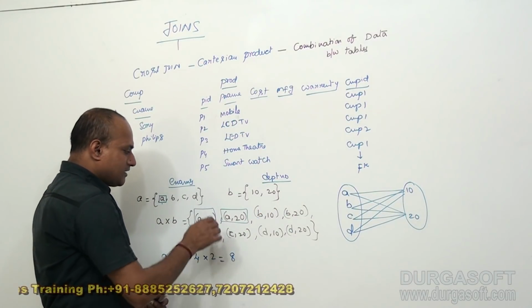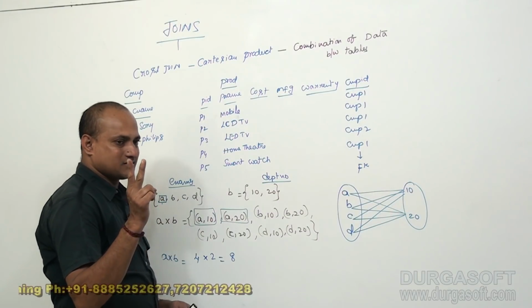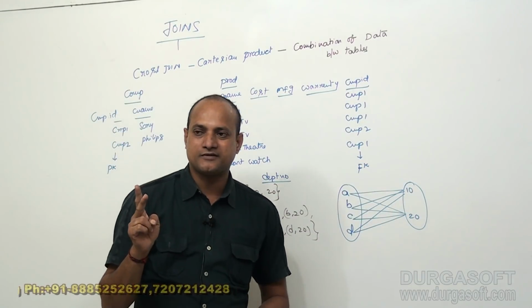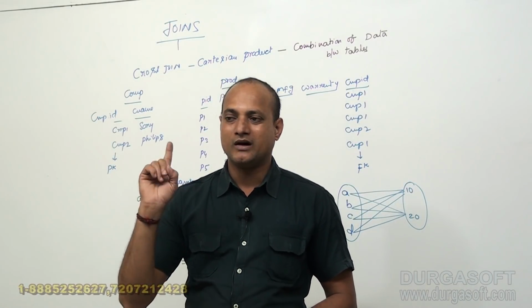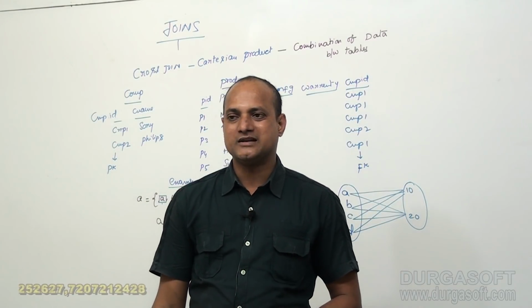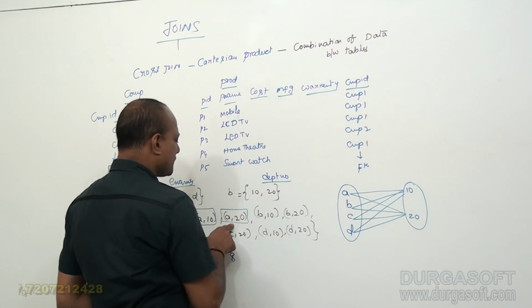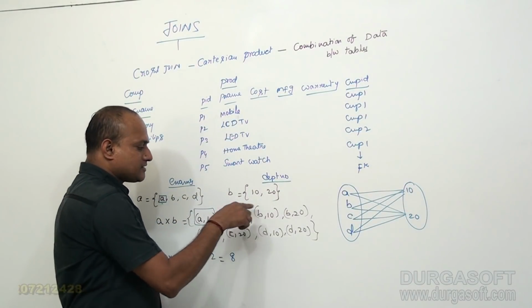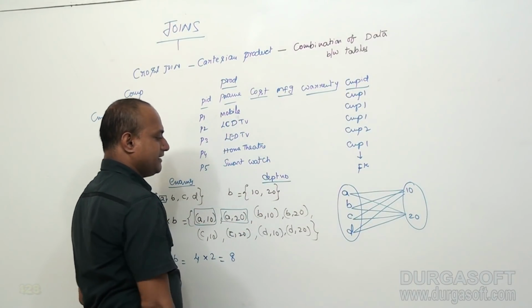So for each value in the first set there are 2 combinations. In those 2 combinations, one combination is valid, the second one is invalid. Let us assume A is working under 10, then the A20 combination is invalid. If B is working under 10, then B working under 20 is invalid.